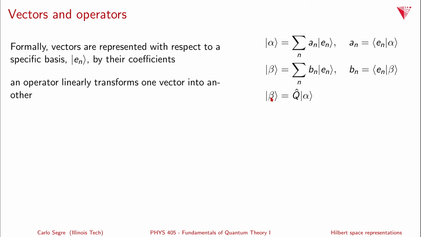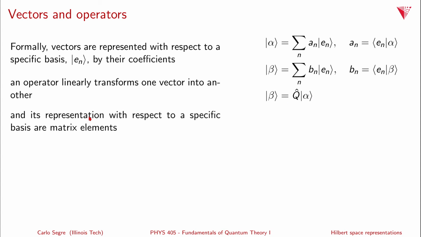If you have a relationship where beta is equal to the operator Q applied to alpha, then the representation of that operator is just a set of matrix elements Q sub mn, where Q sub mn is just equal to the inner product, or the expectation value, of E sub m, operator Q, E sub n, where m and n vary over all the states in the set.